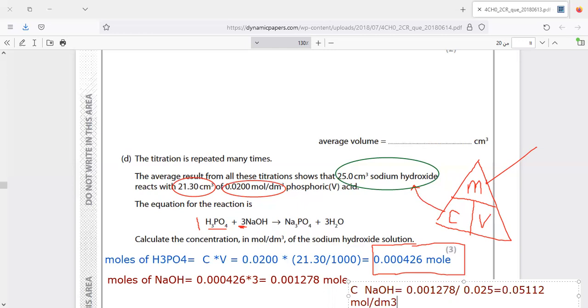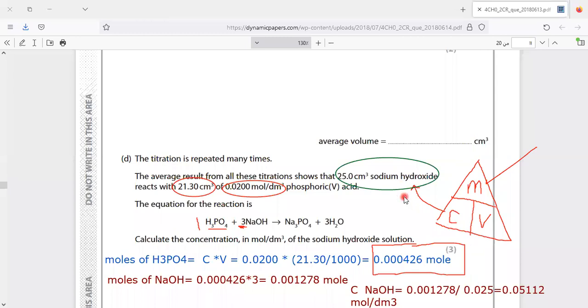Got it? Yes. Okay. So the idea here is to find the number of moles of phosphoric acid first, then use the mole ratio to find the number of moles of sodium hydroxide. Don't use this volume, because you said at the beginning you would divide this number by 24.